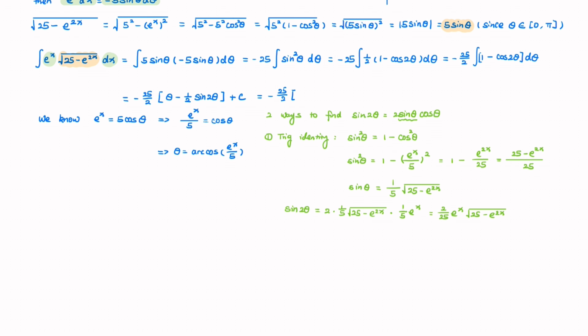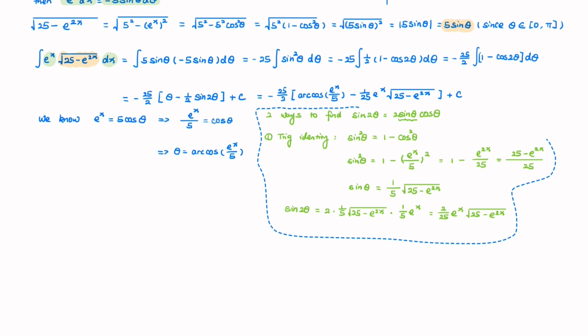Now I can plug it back in. So arc cosine of e to the x over 5, and then minus 1 over 2 times sine 2 theta. The 1 over 2 and 2 over 25 will cancel, so 1 over 25 here, and then e to the x square root of 25 minus e to the 2x plus c.